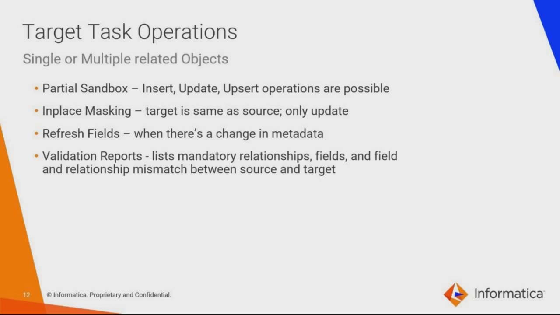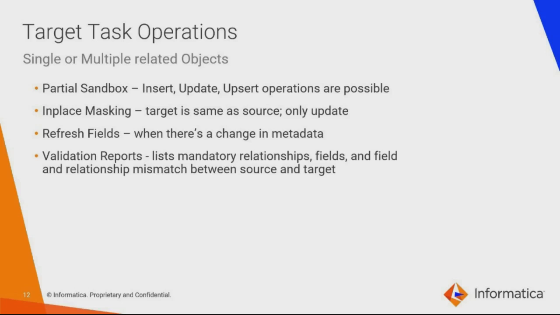It also lists all the mandatory relationships, fields, and field and relationship mismatches between the sources and targets. This can also be used to fix any of the issues that you see with the mandatory fields. And all the non-mandatory fields which are missing or have issues will be set as warning messages.